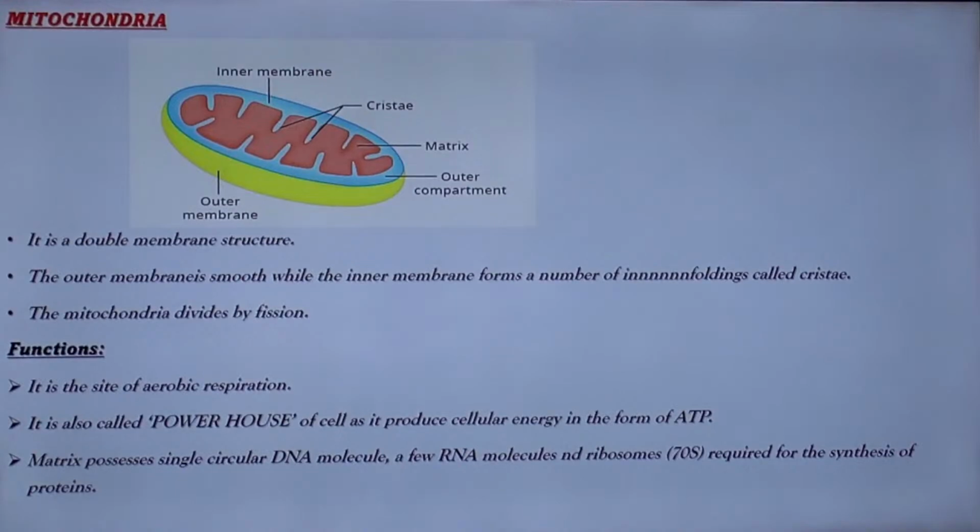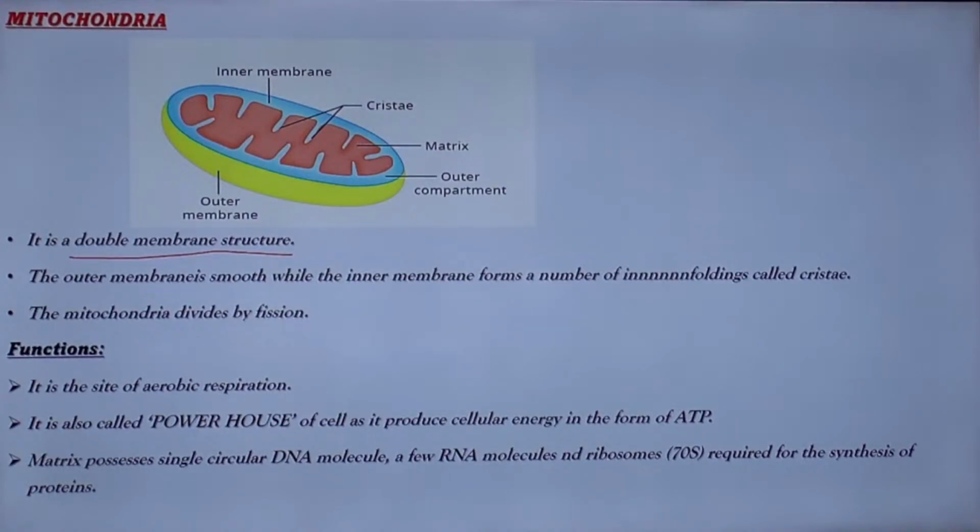mitochondria is double membrane. Mitochondria are double membrane bound structures. We have to remember that, because they will ask which one is double membrane and which one is single membrane. Even though it is double membrane, it has two compartments, the outer membrane and the inner membrane.